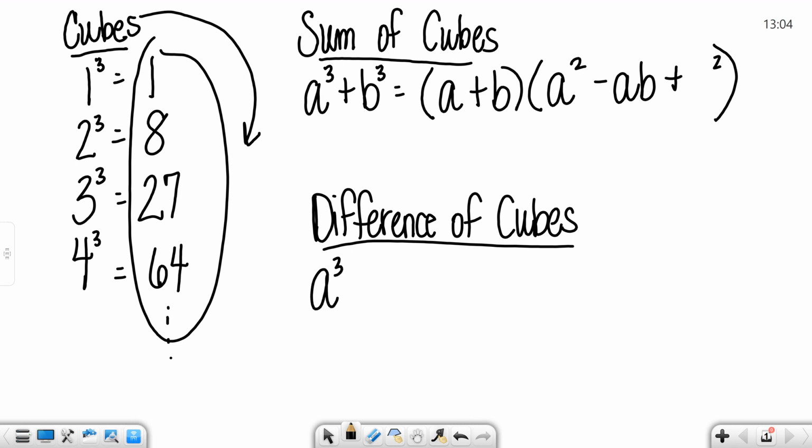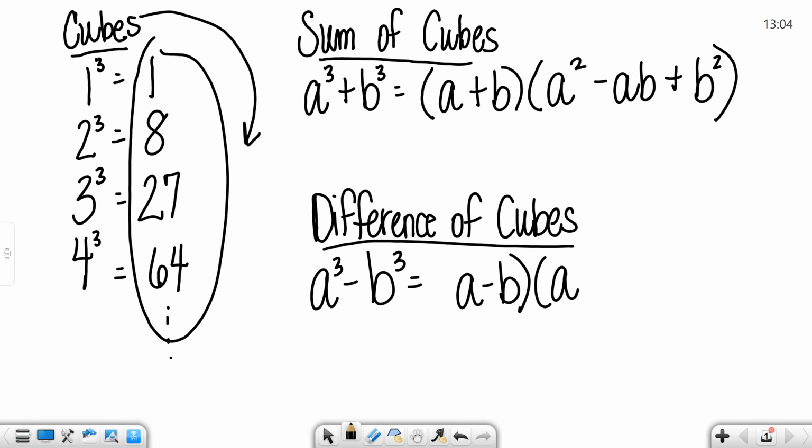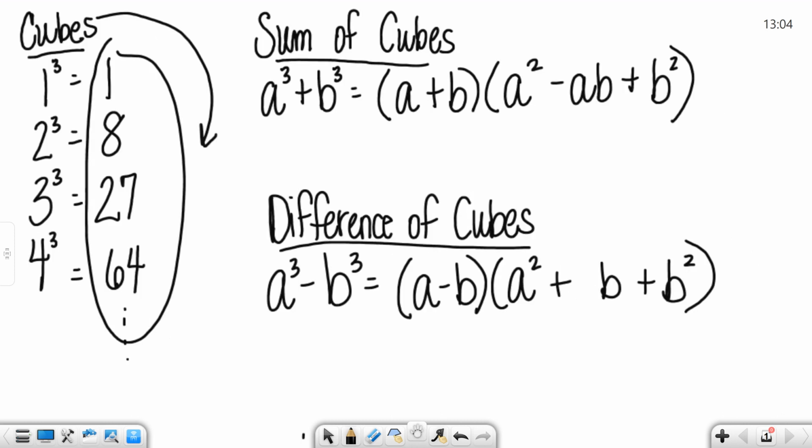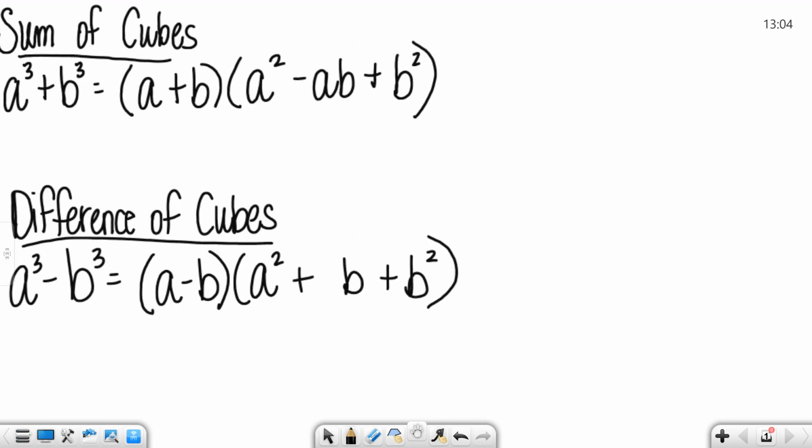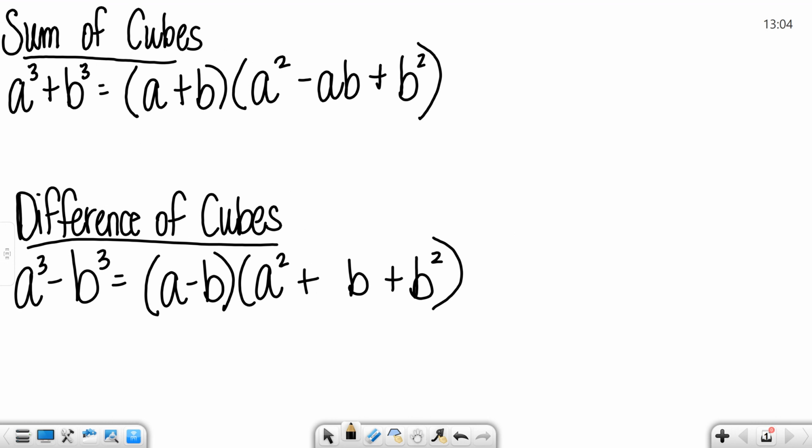And for difference of cubes, here is our little formula rule, and it works every time. Make sure you have those written down. We're going to do an example, and we're going to have to use them, so you need to make sure that you have them close by. I'll try to slide over and do an example so I can still see these.